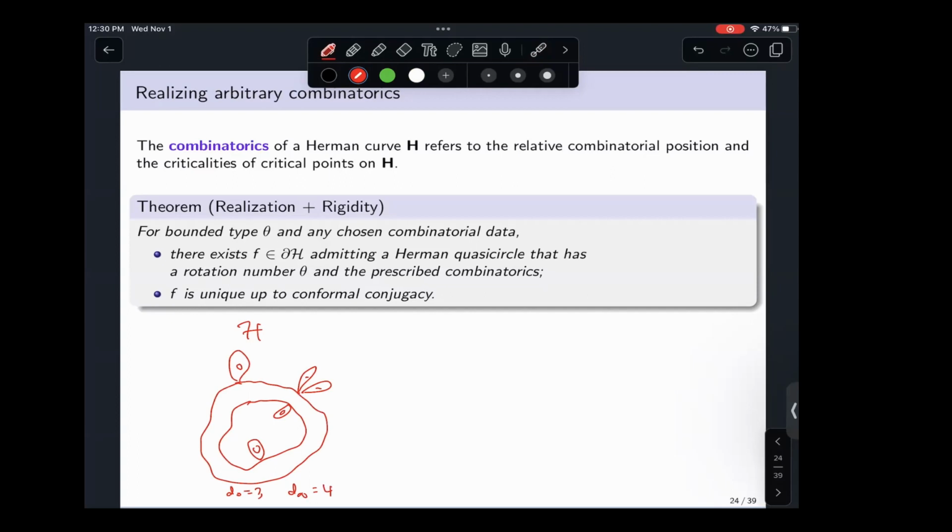Okay, just an example. And then if I look at the boundary of H, so I look at the accumulation space, I also have a similar picture, but now instead of a Herman ring, I have a Herman set. And then I can draw the pre-images as well.